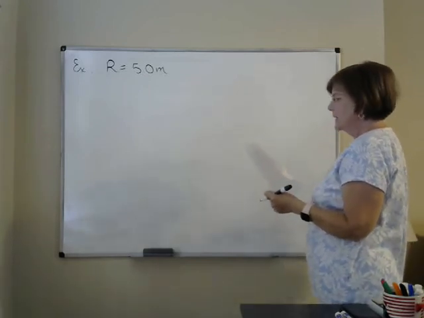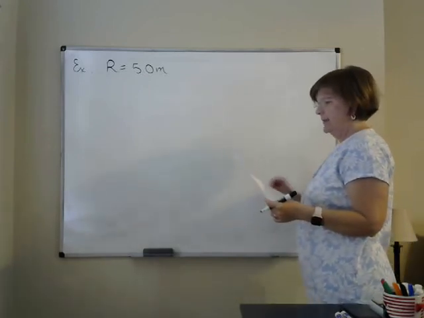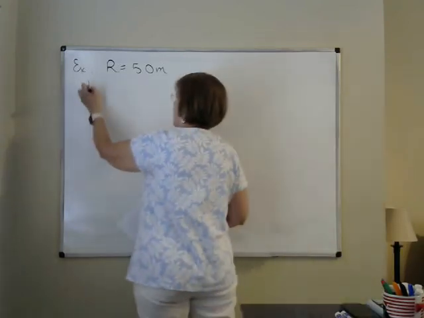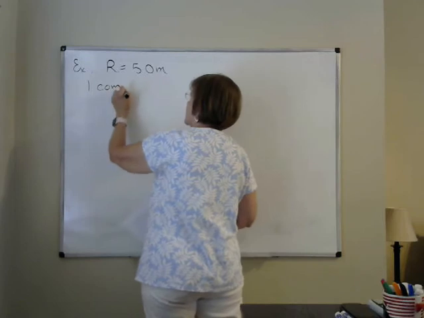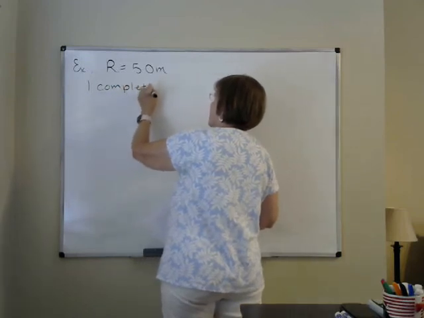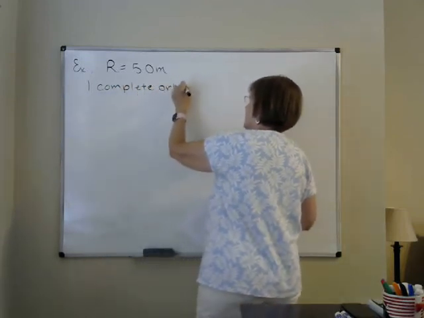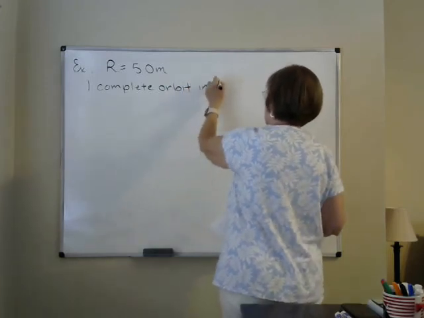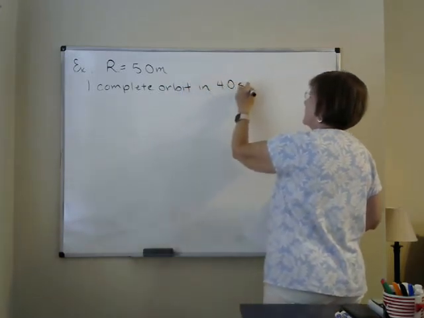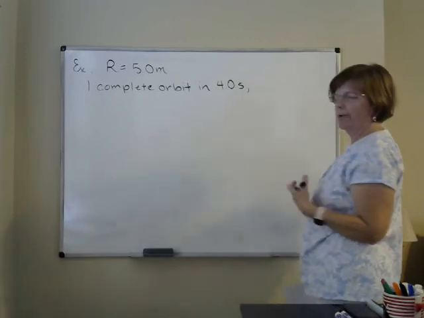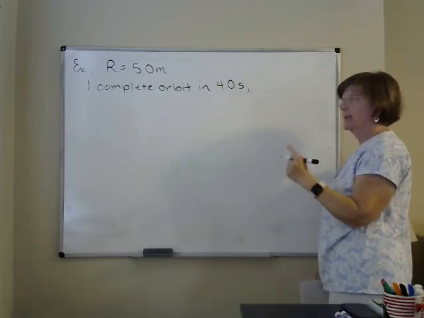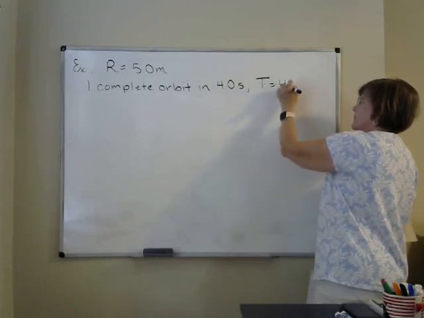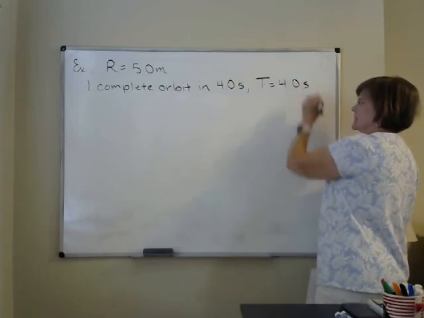They make one complete orbit in 4 seconds. The time for a complete orbit is normally called the period because it's a repeating motion, and that's a capital T. So our period is 4.0 seconds.